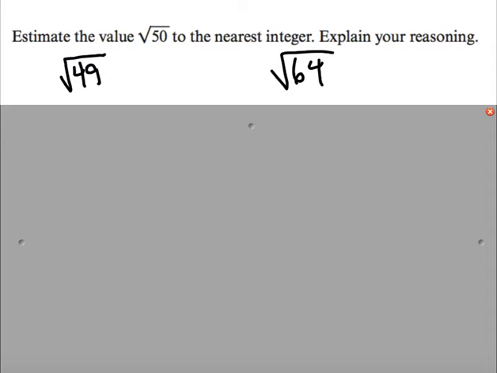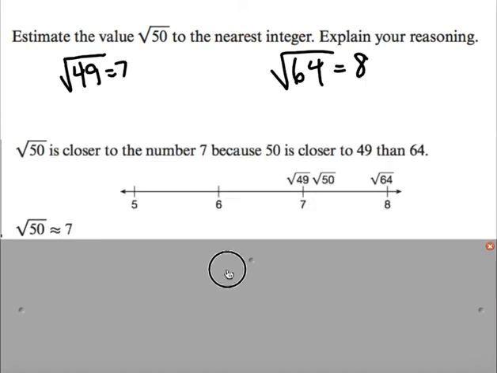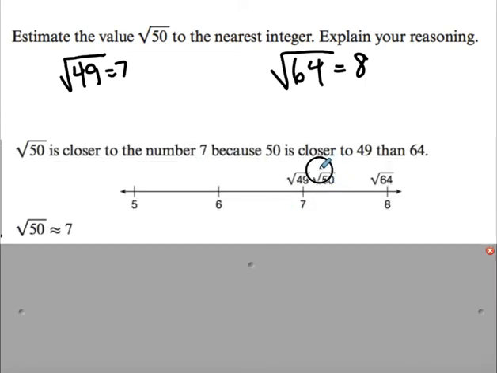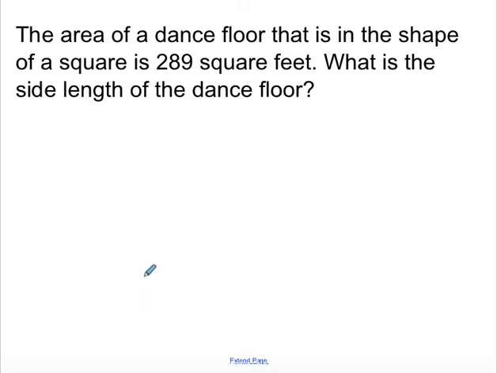And we can say, well, the square root of 49 is the same as 7. Square root of 64 is the same as 8. But which one is it nearest? And if we were to put these on a number line and say, which one is 50 closest to? We would see that 50 is closest to the square root of 49. So we would say it's closer to 7. Estimating that.